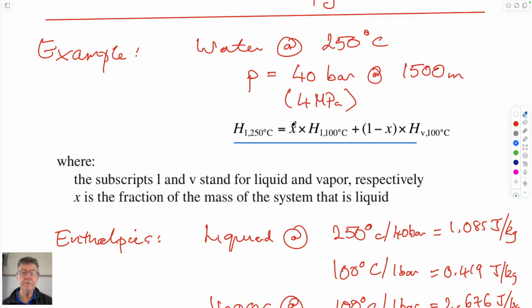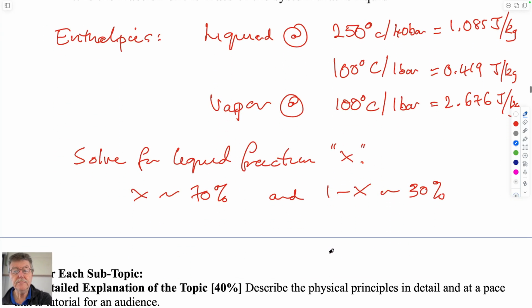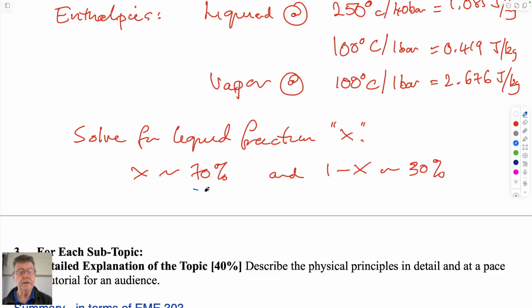The only difference you have to be aware of is that this x is equal to the mass of liquid divided by the total mass, rather than the other way around. And this is the calculation here, and it comes out to be roughly, if you solve for x, the value you get should be 70%, and by definition 1 minus x is 30%. So we'll leave it there.